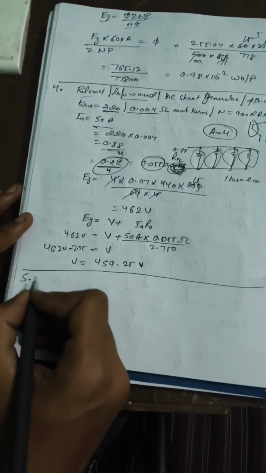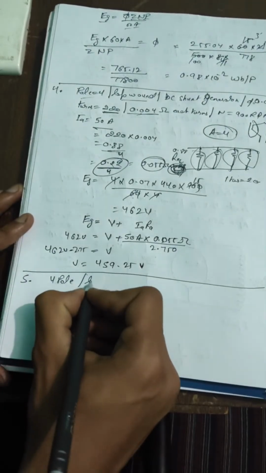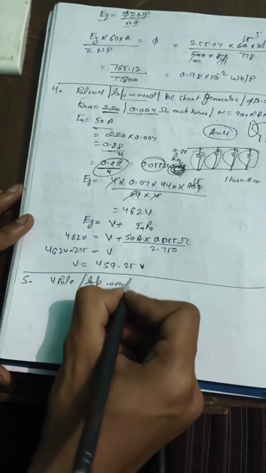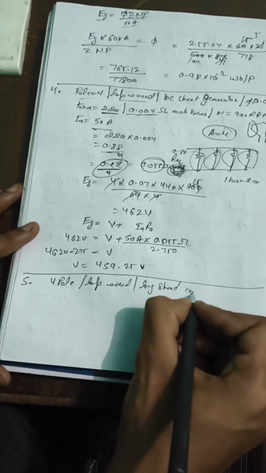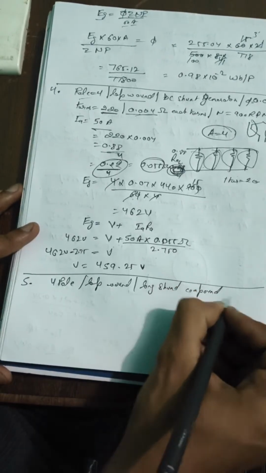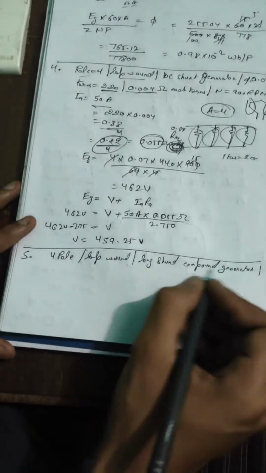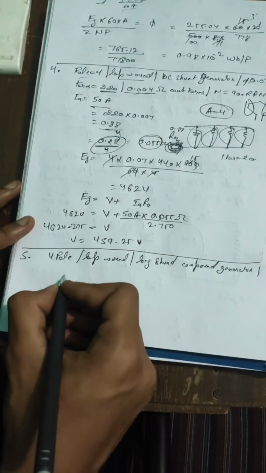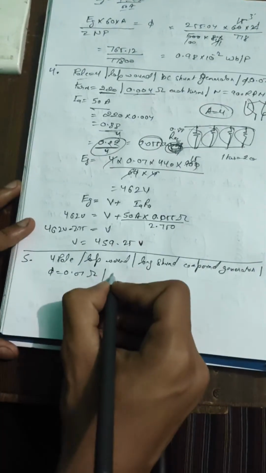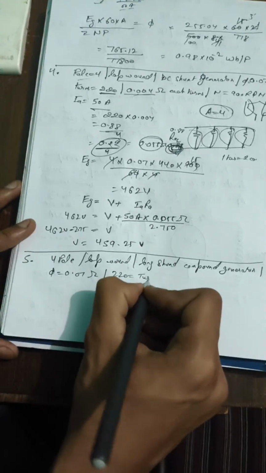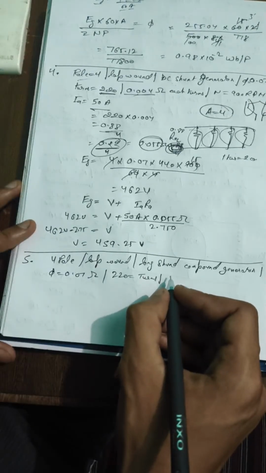Now for the next thing, we have a 4-pole lap wound long shunt compound generator, which has useful flux of 0.07 Weber, and 220 turns in the armature.